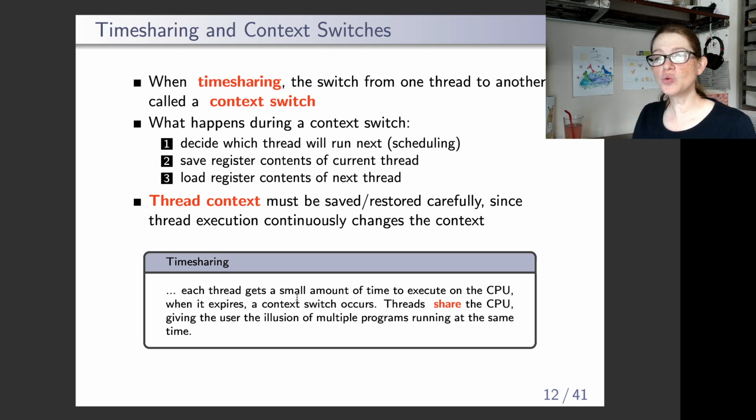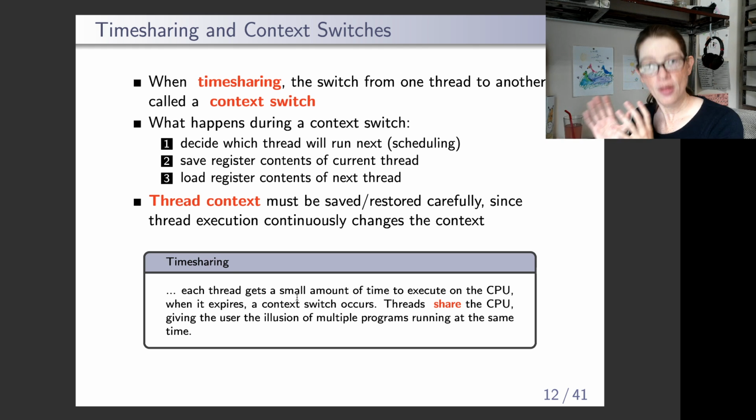And when we want to switch from one thread running to another thread running, we need to change the state. We need to change the context. I need to change the CPU's register values from being thread A's registers to the register values that I would expect to continue executing thread B.